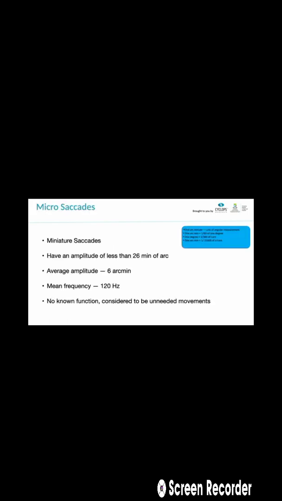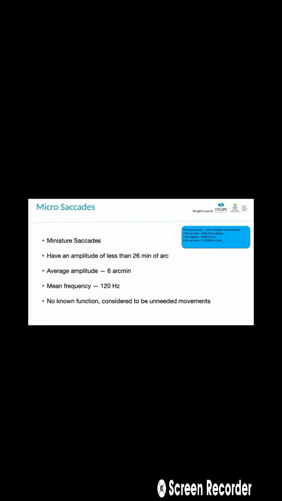So to overcome that, the fixation system has developed 3 types of miniature movements which cannot be detected by the human eye. The 3 types of miniature movements are the microsaccades, the microdrifts, and the microtremors.